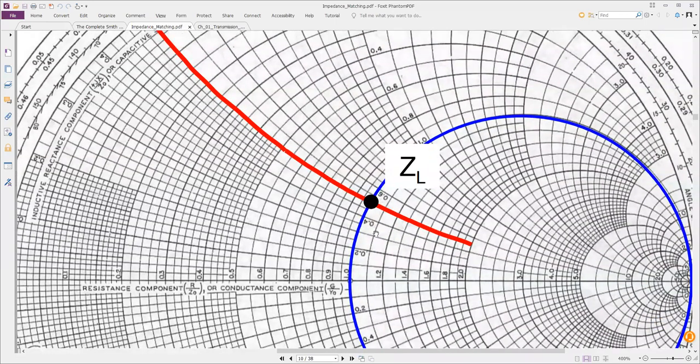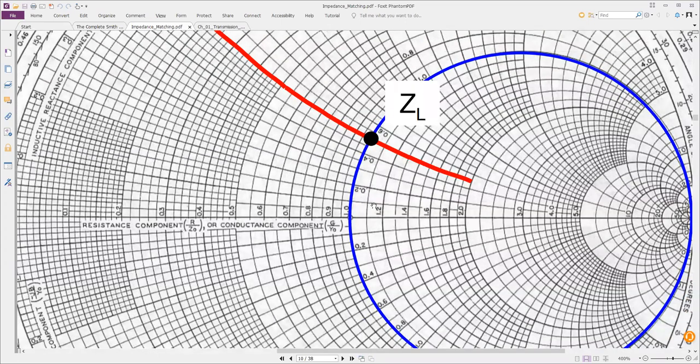Now that is your intersection point. So you have to find the intersection point, which is ZL. Okay, like this way.